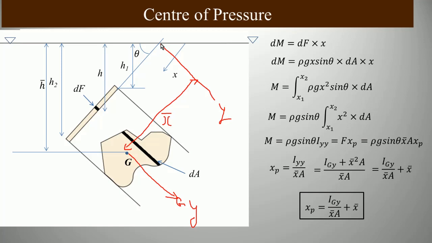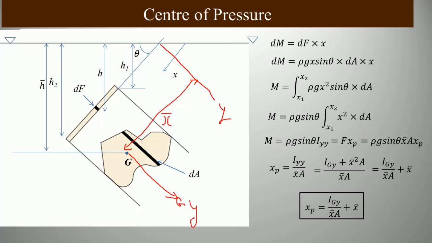Now here we have to understand it is along the inclined surface. If you want to find out hp, then hp is equal to xp into sine theta. That can be calculated. Now we have to understand whether this center of pressure, which we will call P, is below the center of gravity or above the center of gravity.